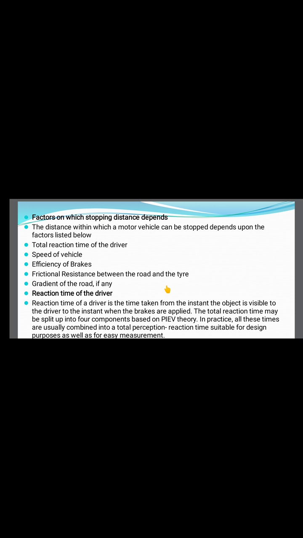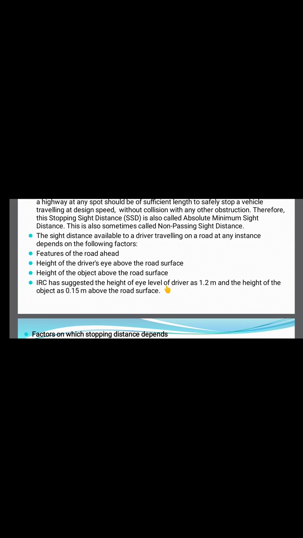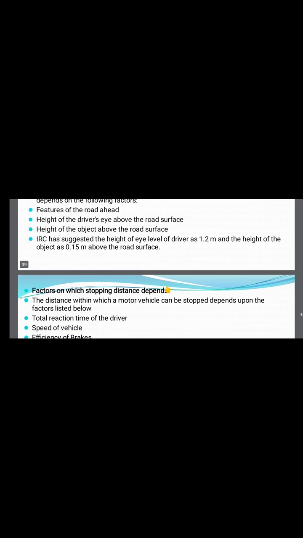Again, we'll study what those factors are. The sight distance depends on four factors: the type of road, the visibility of the driver's eye, the height of the driver's eye above the road surface, and the height of the vehicle above the road surface.